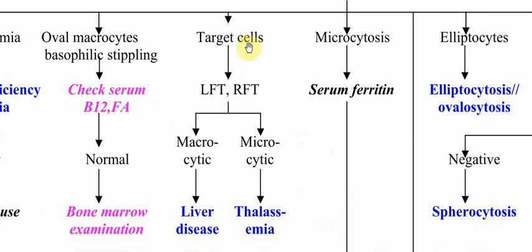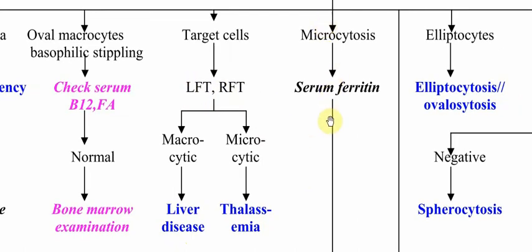Presence of target cells is an indication for checking the liver function test and the renal function test. If there are macrocytes present, then it is liver disease, and if there are microcytes present, it is thalassemia. If these two are normal, so be it, but they are usually abnormal.